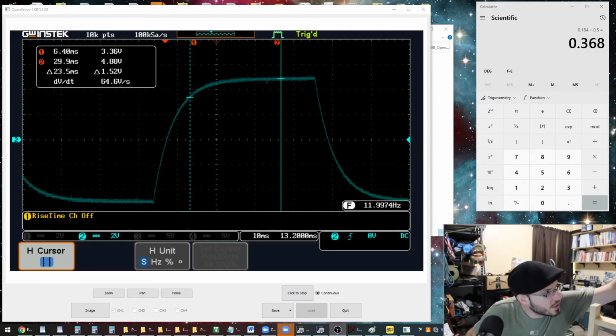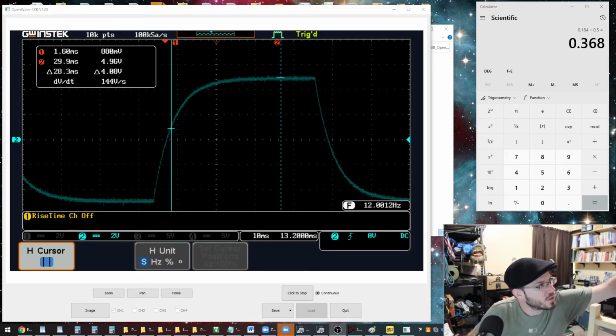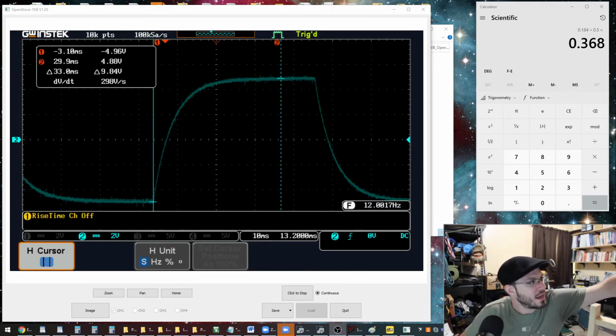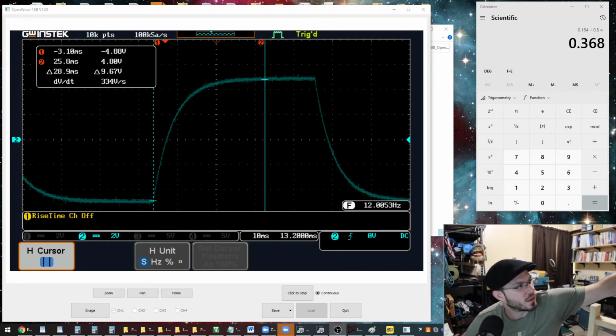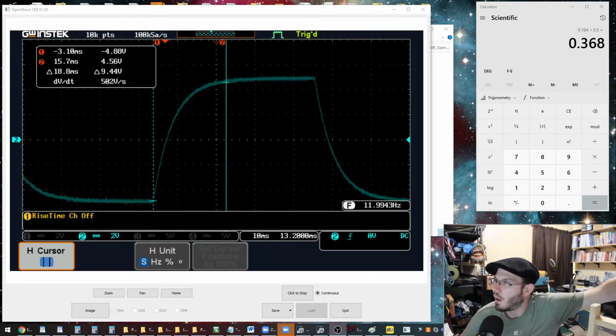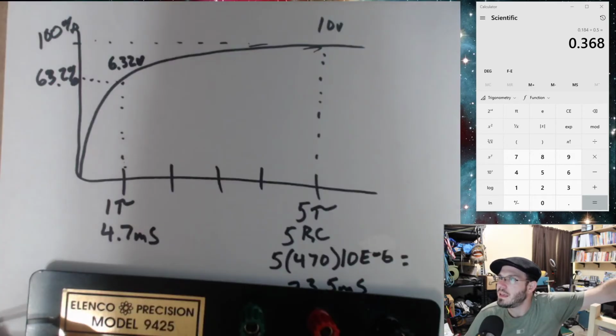I'm going to take my cursors, and I'm going to set my first cursor right when that voltage starts to rise. Right about there at the 0 mark. And now I'm going to take my right vertical cursor, and I'm going to set that to be, what was it, 4.7 milliseconds? Yeah, 4.7 milliseconds.